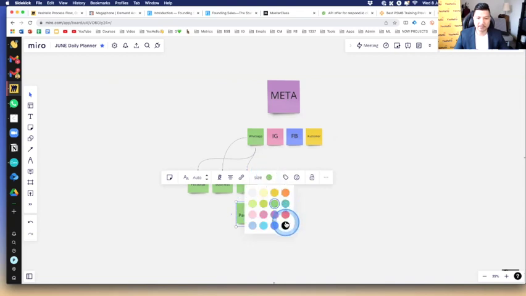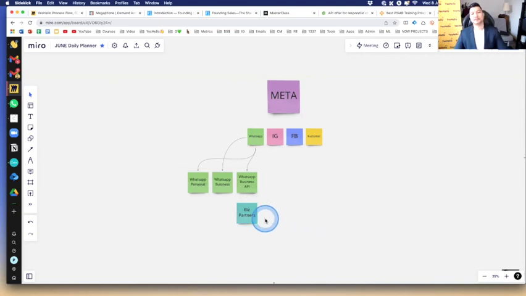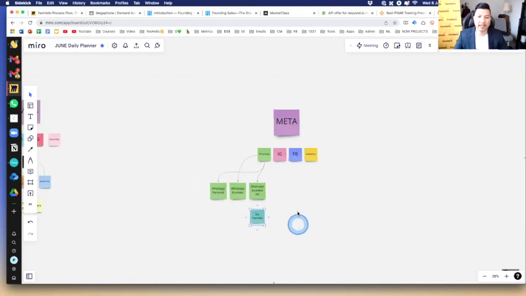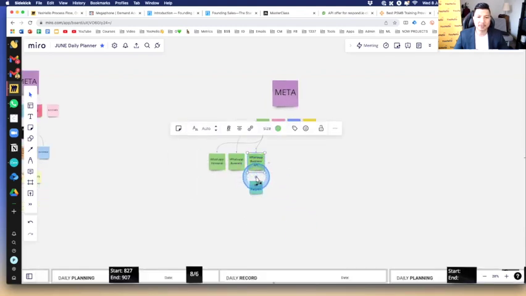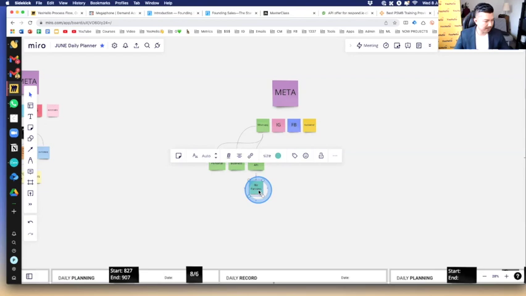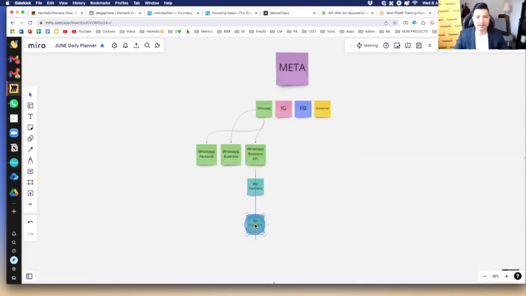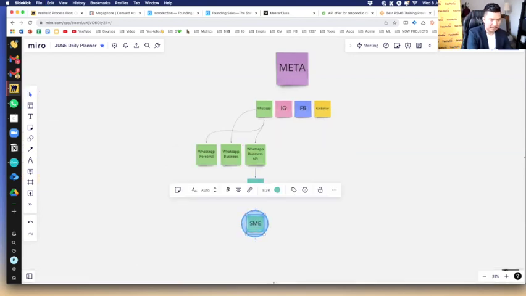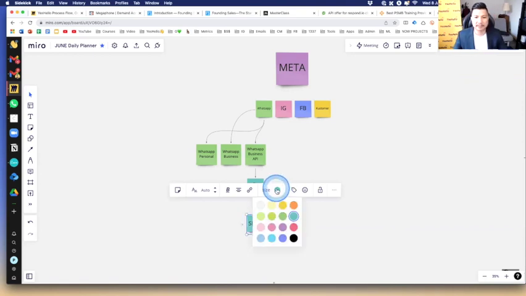So let's put these business partners as green. These business partners, WhatsApp Business API, will go and sell to, of course, SMEs. Let's put this as pink.